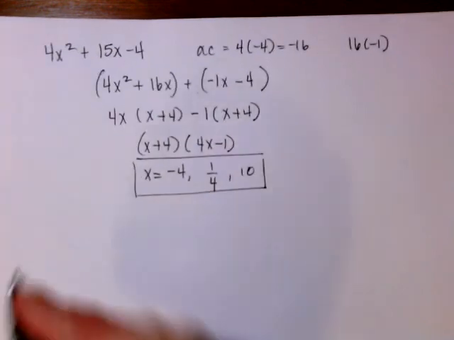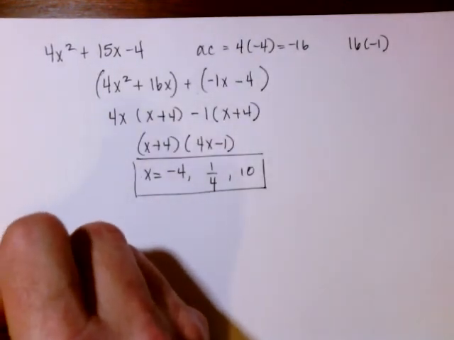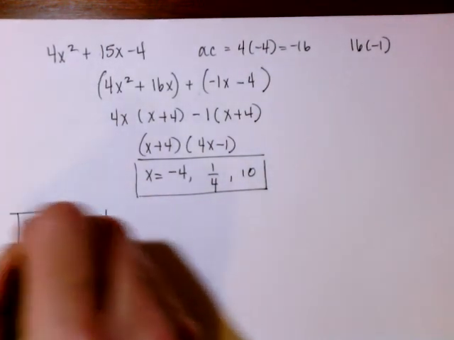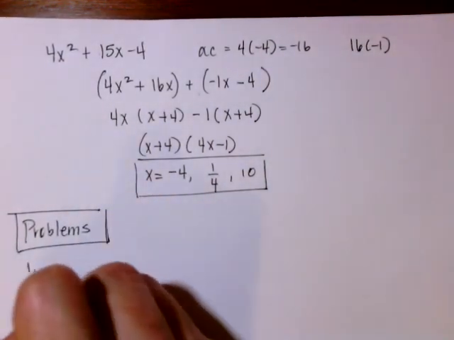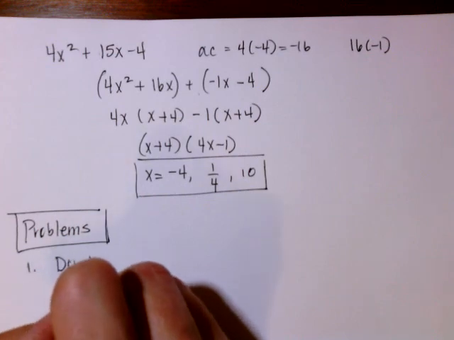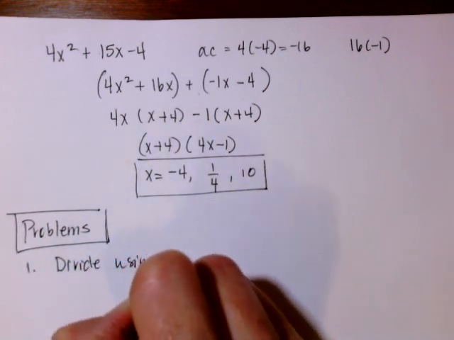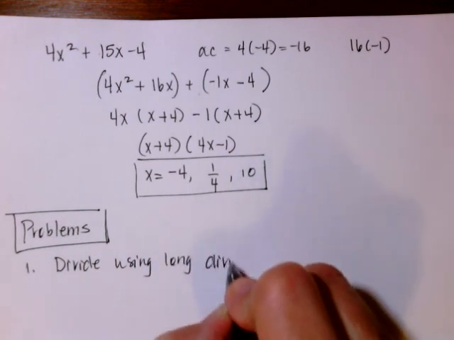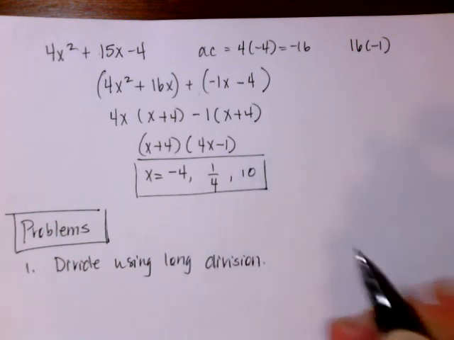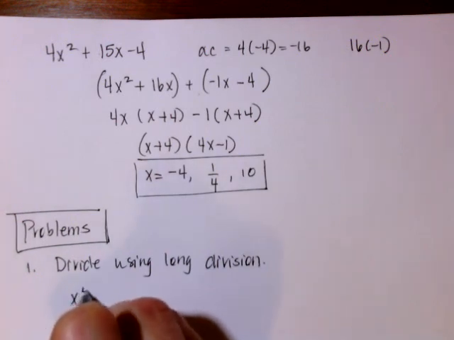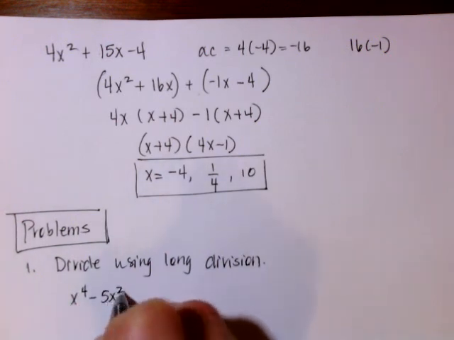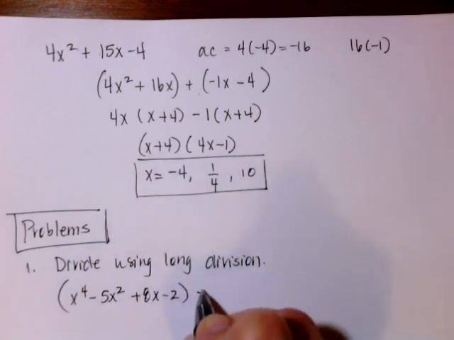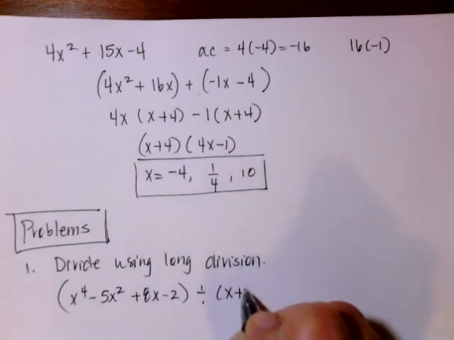Alrighty, now we're done. I'm just going to give you your problems. So actually a much easier day than when we talked about long division. For the first one, I want you to divide using long division. Just need to keep practicing that. You're going to have x to the 4th minus 5x squared plus 8x minus 2, and you're going to divide by x plus 3.